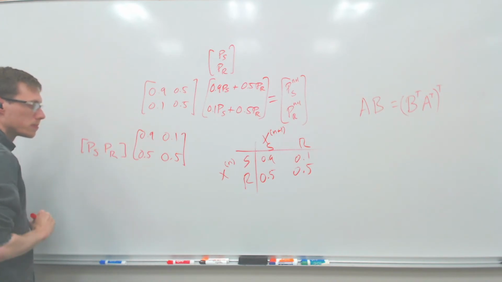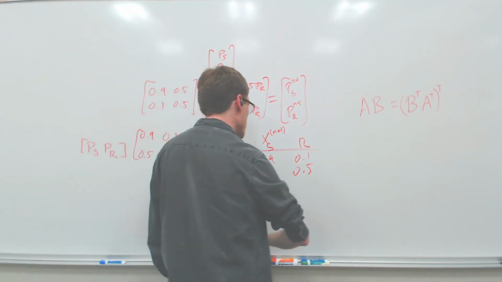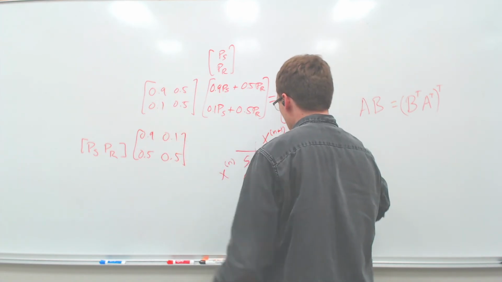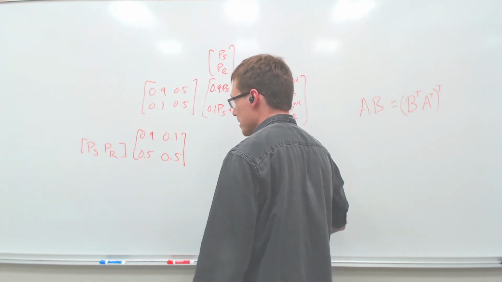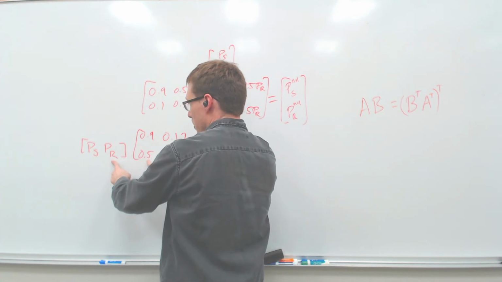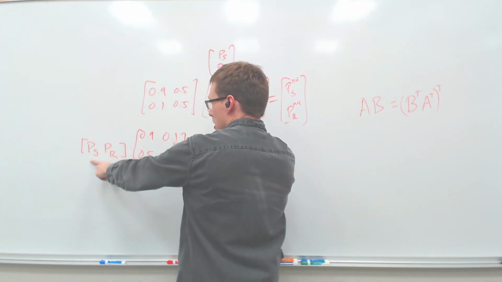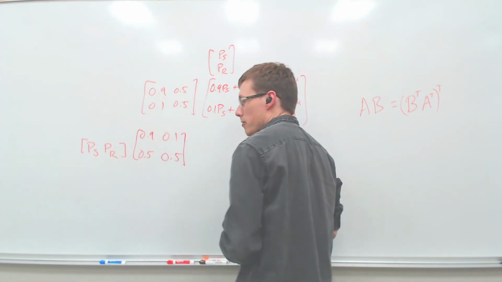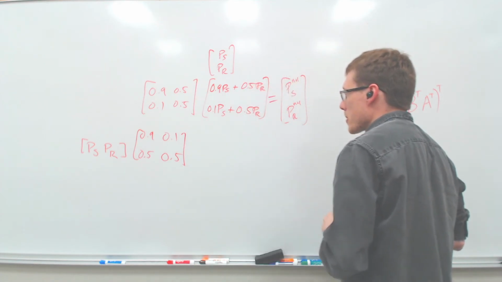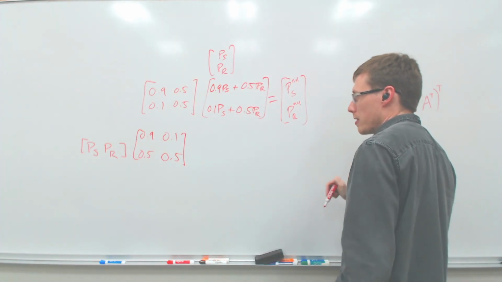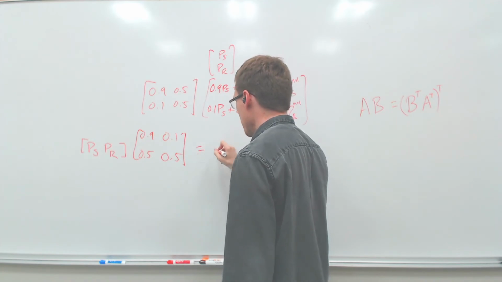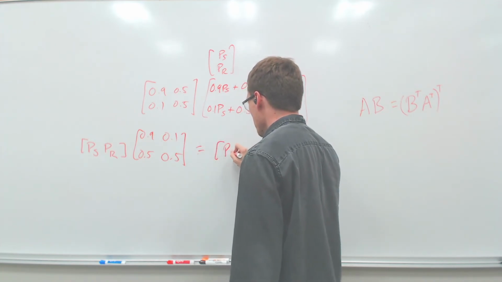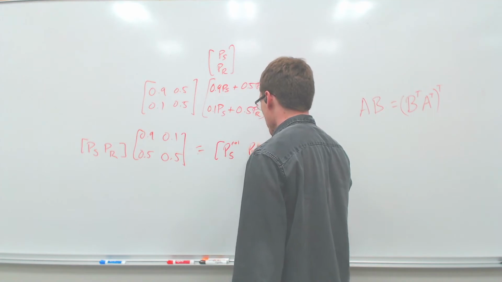It does the same thing, and you'll see you get the exact same result: 0.9 sunny plus 0.5 rainy, 0.1 sunny plus 0.5 rainy, and you add them up. This should get you your P sunny tomorrow, P rainy tomorrow.